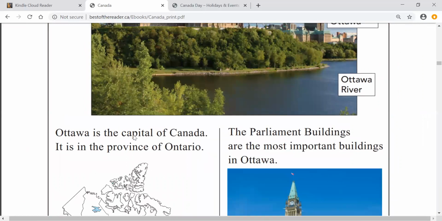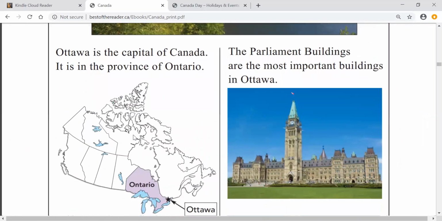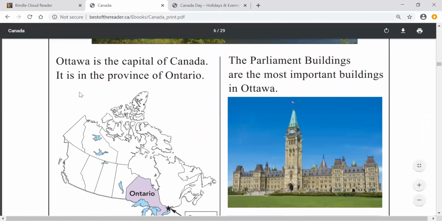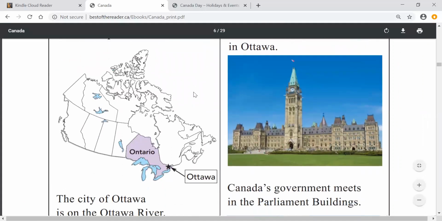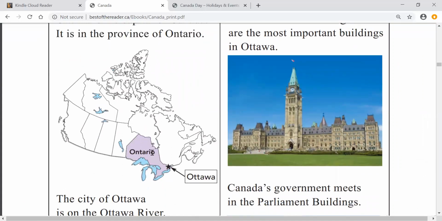Okay, let's read a little bit about Ottawa. Ottawa is the capital of Canada. It is in the province of Ontario. So where is Ontario again? This is Ontario. This is where we live.